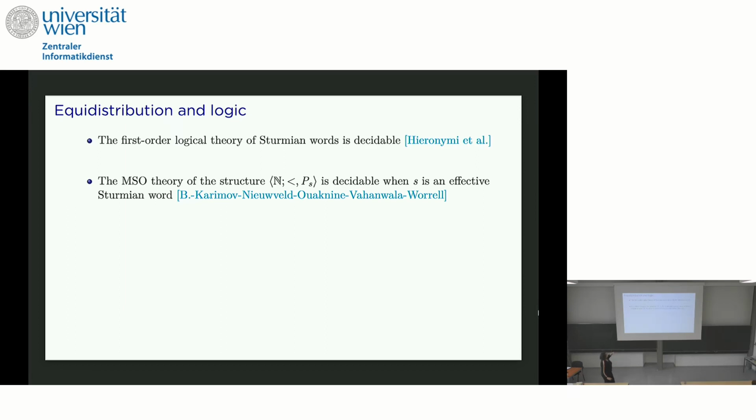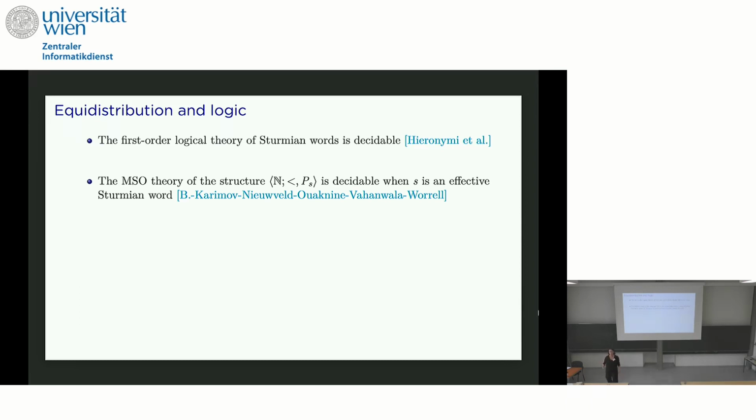And then if we go to MSO, which someone discussed this week, you have the right to quantify over sets, so you have the modulo M possibility to express terms in terms of modulo M. Then if you take a Sturmian word that is effective, meaning you can compute the slope, the continued fraction of this Sturmian word, then you keep decidability even in MSO theory.